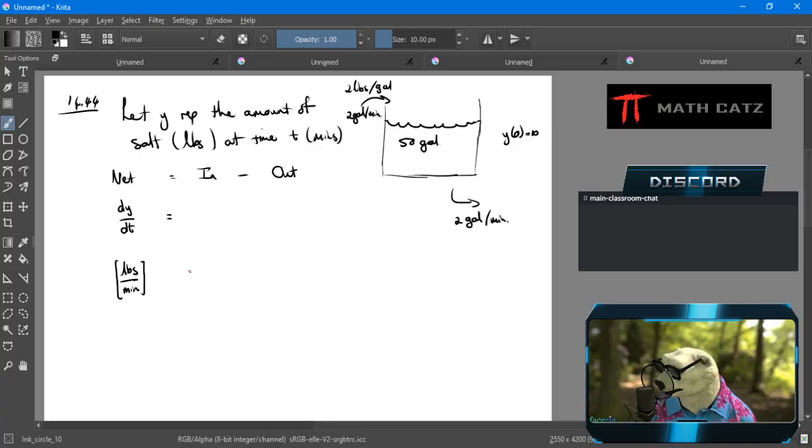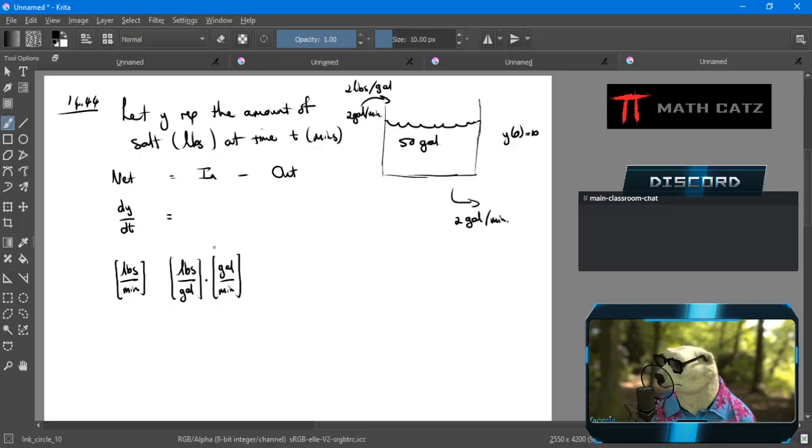So I need to make sure that when I'm looking at the flow in, I'm looking at pounds of salt per minute. They tell me the pounds per gallon is 2 pounds per gallon at a flow rate of 2 gallons per minute.